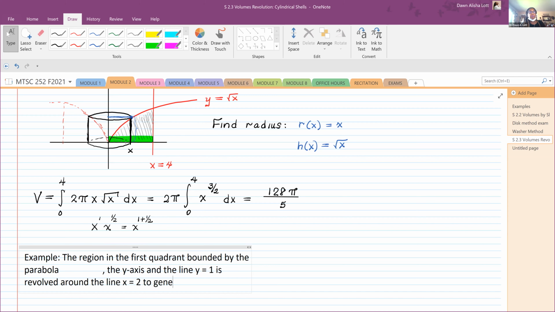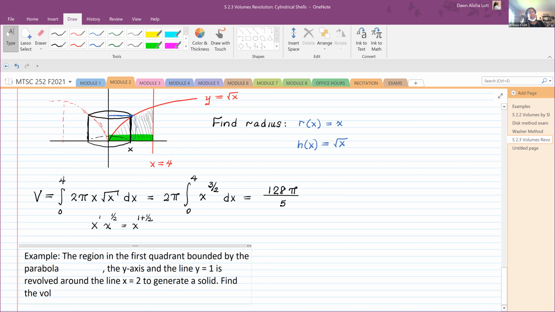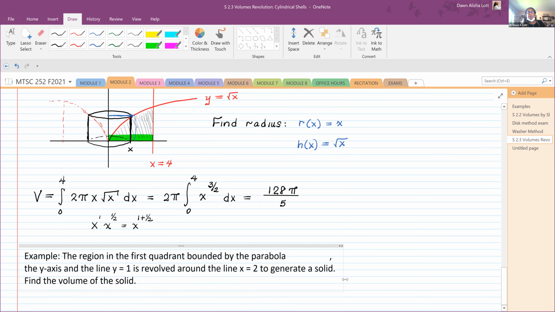Find the volume of the solid. Okay, so this problem is certainly much more challenging. All right, so the parabola y equal x squared. So let's rewrite that in.